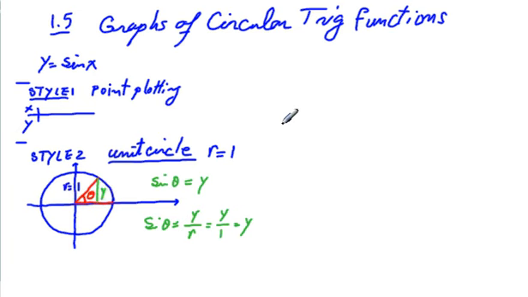So when we want to graph y equal to sine of x, I have to graph these two entities with respect to each other. I have to graph this angle theta, however I decide to measure it, degrees or radians, versus this height, which is y. Let's see if we can remember how to do it quickly.